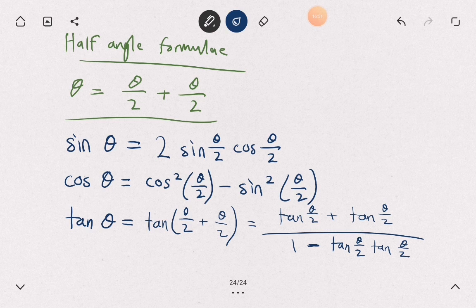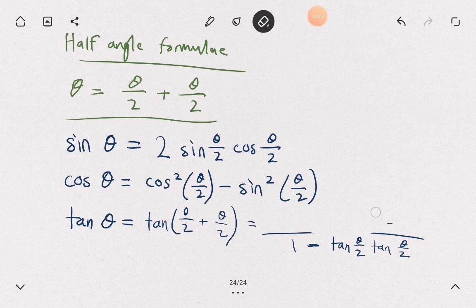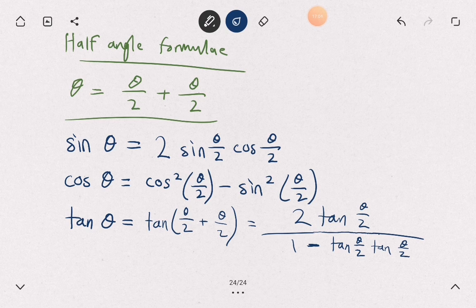And the numerator we can simplify to 2 tan theta over 2. The denominator we can make it a squared term, meaning this is tan squared theta over 2.